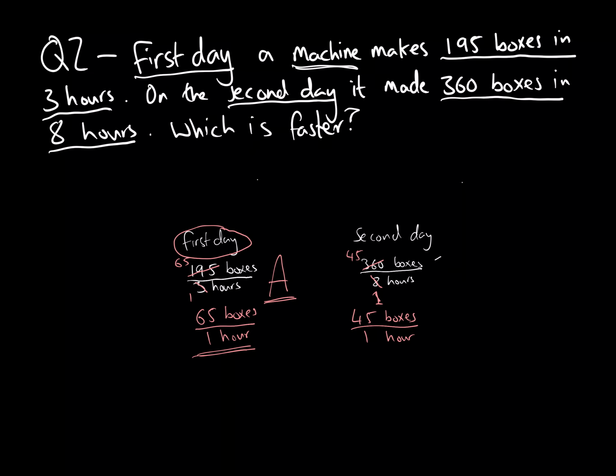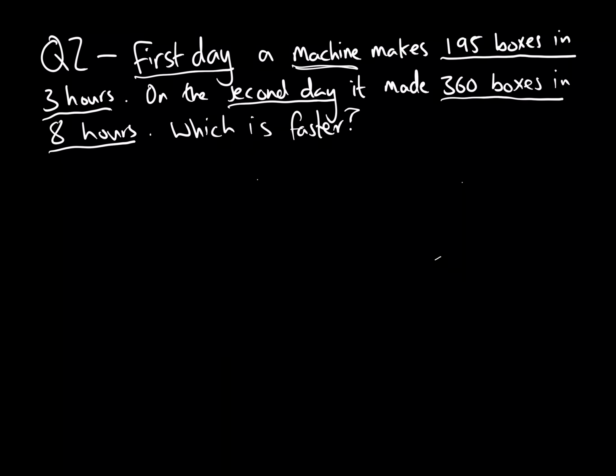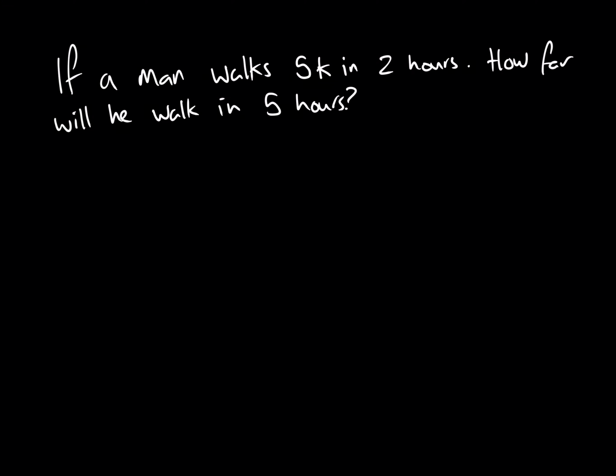Now let's have a look at another question that might come up on the exam. So this time the question is slightly different. We are asking if a man walks 5 kilometers in 2 hours, how far will he walk in 5 hours? So it's a very similar question in some ways, but slightly different in that it adds another step of information.